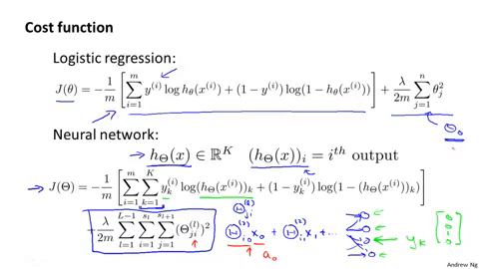And by analogy to what we were doing for logistic regression, we won't sum over those terms in our regularization term because we don't want to regularize them and shrink their values to 0. But this is just one possible convention, and even if you were to sum over i equals 0 up to s_l, it'll work about the same, and it doesn't make a big difference. But maybe this convention of not regularizing the bias term is just slightly more common.